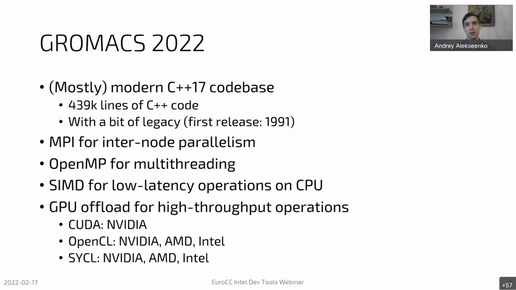Molecular dynamics was one of the first scientific workloads that started to heavily use GPUs. Right now, most of the popular packages do support some form of offloading. And in GROMACS, we actually support three different frameworks for GPU offload: CUDA, OpenCL, and since recently, SYCL.